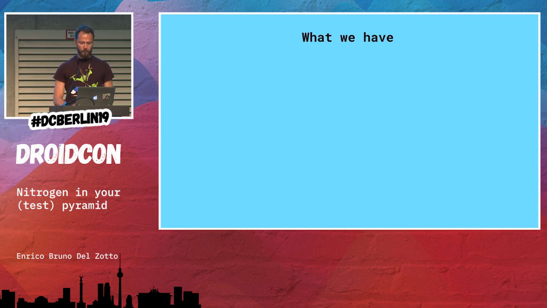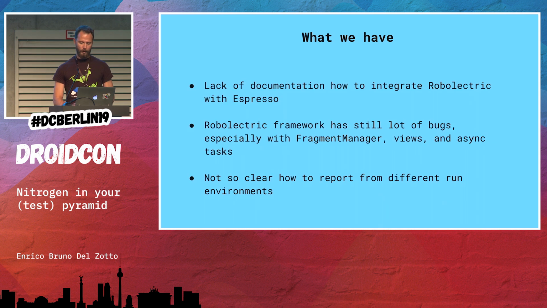And so just to have a better understanding of what we have now, trying to write the same test in Espresso and Robolectric can be very tricky, because we do not have a lot of documentation. Robolectric, as I told you, still has a lot of bugs, especially when you are using the fragment manager, custom views, or async tasks. We found a bug some time ago.